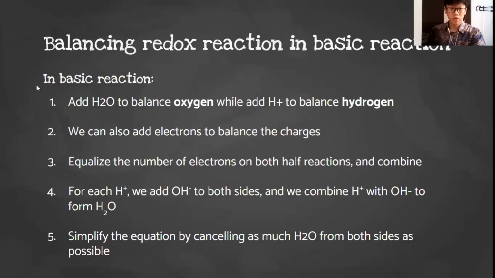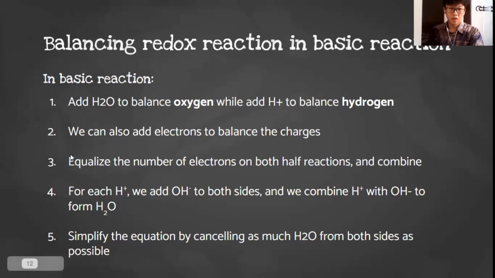So now, moving on to balancing a redox reaction in basic solution. In basic solution, first we add H2O to balance oxygen, while we add H plus to balance hydrogen. We can also add electrons to balance the charges. Next, equalize the number of electrons on both half reactions and then combine.